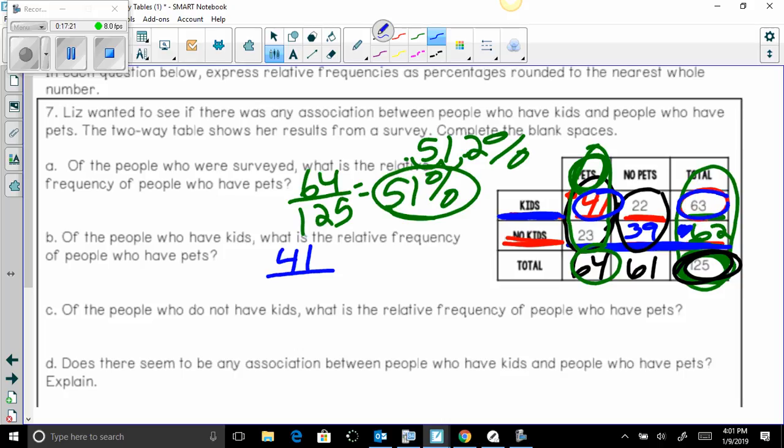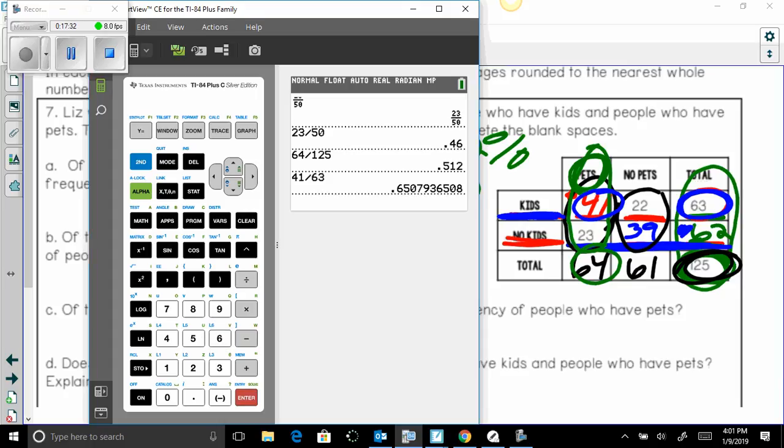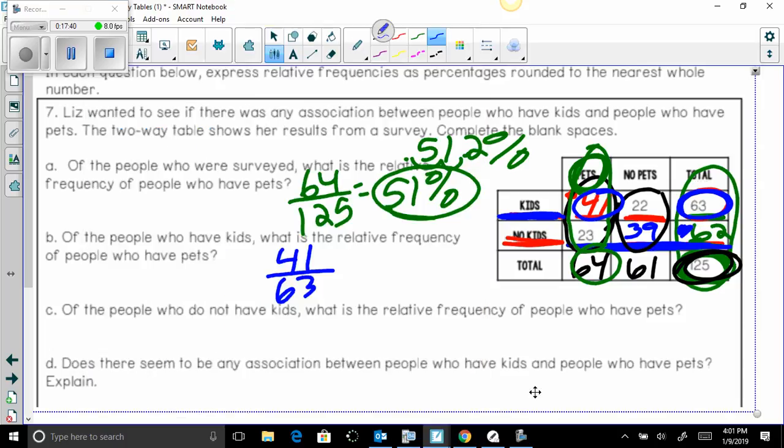The total people who have kids is 63. So if I divide that, what's that going to look like? 41 divided by 63. If I move that over 2 times, that's going to be what, 65%?